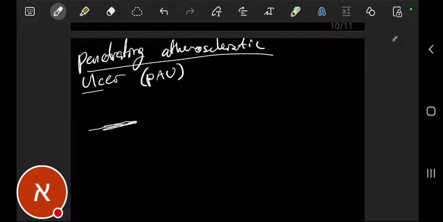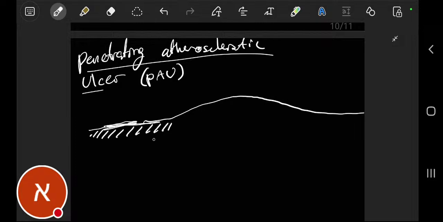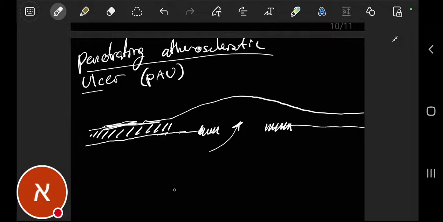So here is the adventitia, and we have some media right over here, and there is some atherosclerotic lesion that is penetrated, as you can see here, and the blood can flow, but it can push the adventitia, the media, like this.